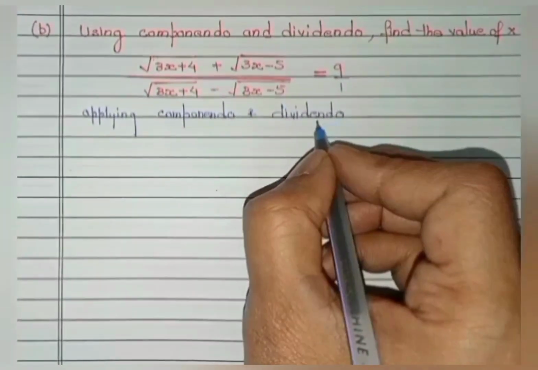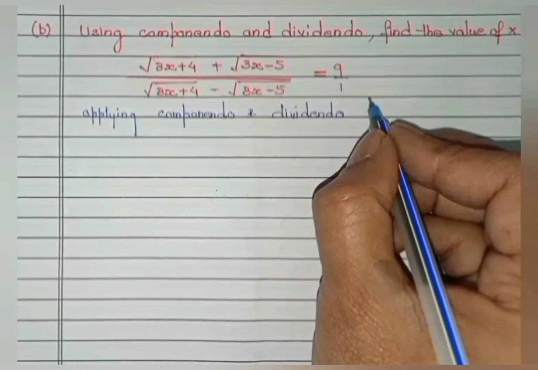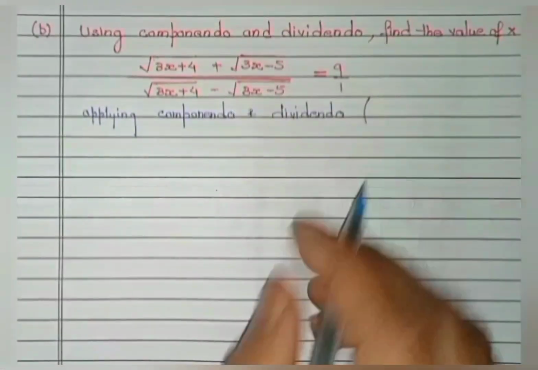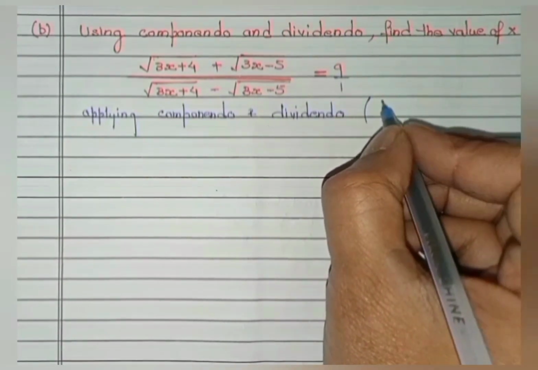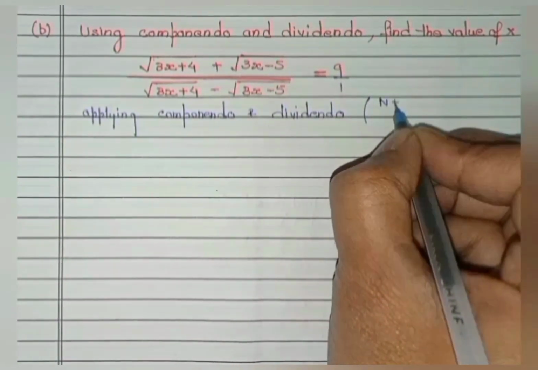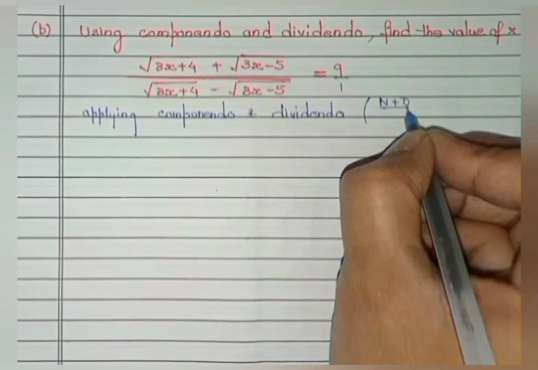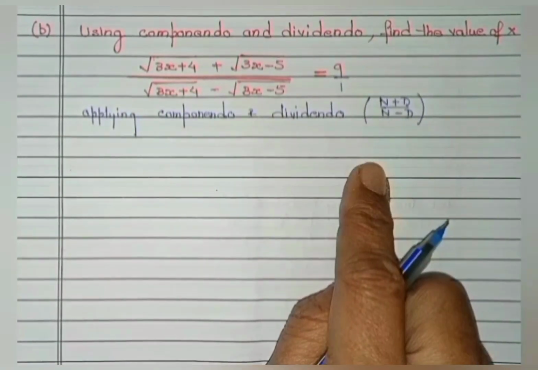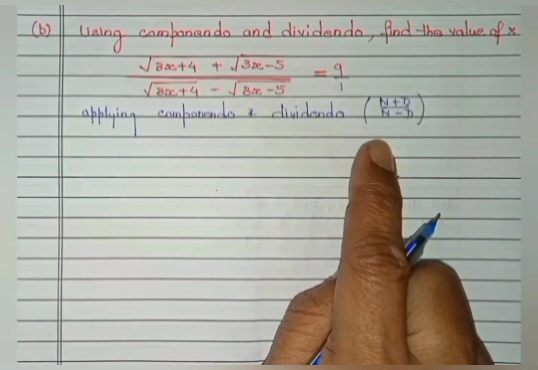Now remember, when you apply componendo and dividendo, it will be applied on both sides. See, numerator plus denominator divided by numerator minus denominator. So in this way you will apply it on both sides.